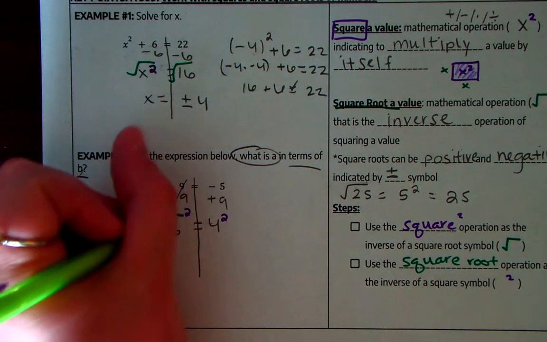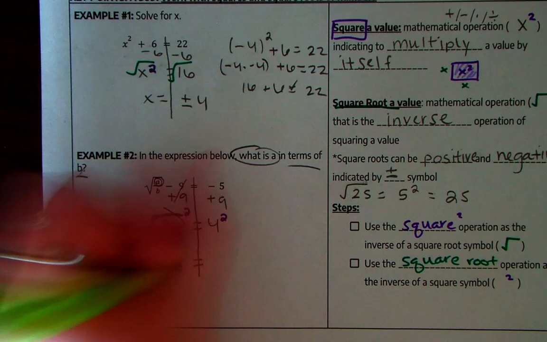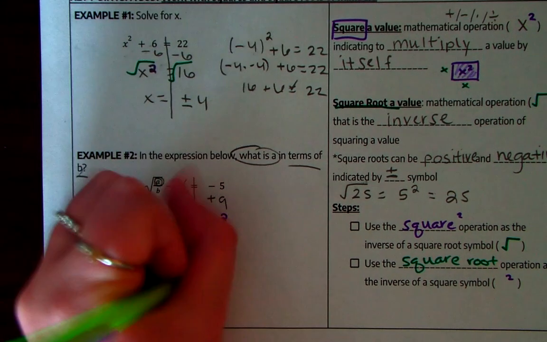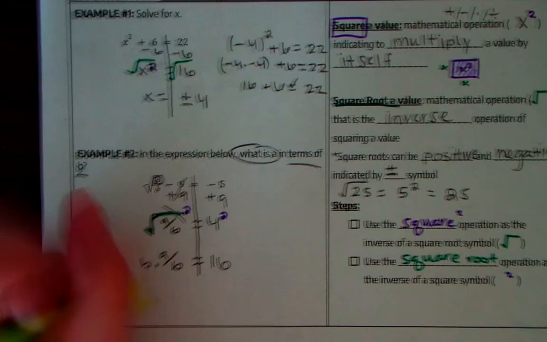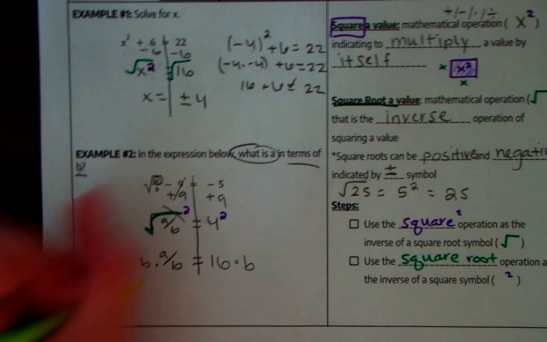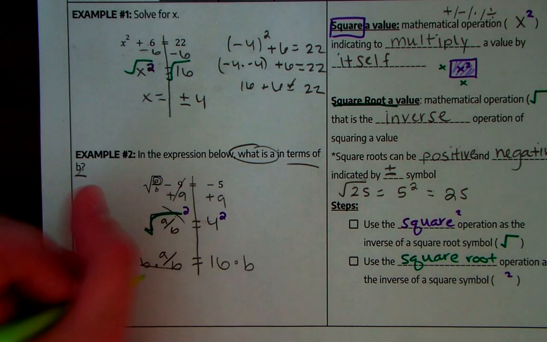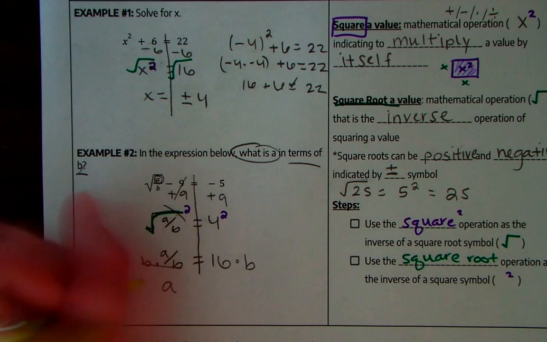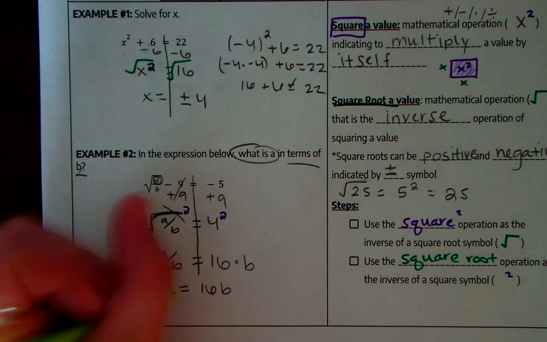And what that achieves on this side is, the square root just goes away. So now I'm at A over B equals 4 squared, which is 16. And then I've got to get A by itself. The inverse operation of dividing is multiplying, so that will turn B into 1 and get A equals 16B.